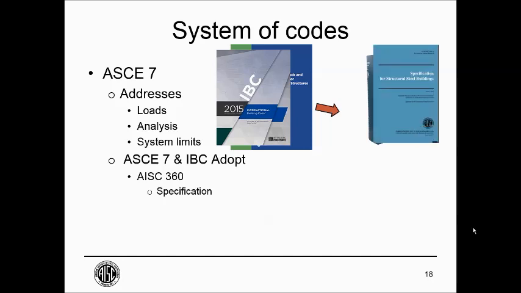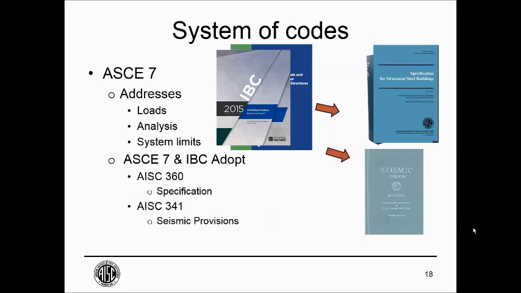So this is the 2016 edition of the specification for structural steel buildings and the corresponding manual underneath. Those are adopted, as I said, by, or will be adopted by, the next edition of the International Building Code. They are adopted by ASCE 7-16. Also adopted by ASCE 7 is the seismic provisions.